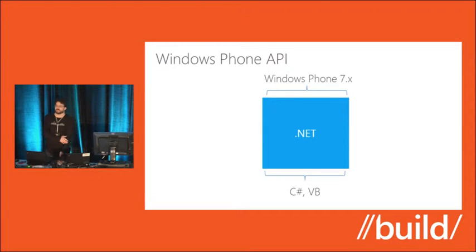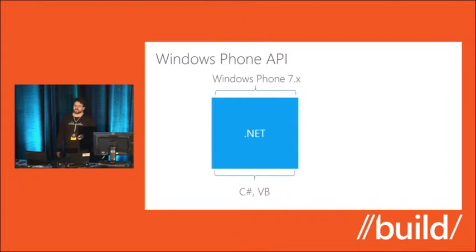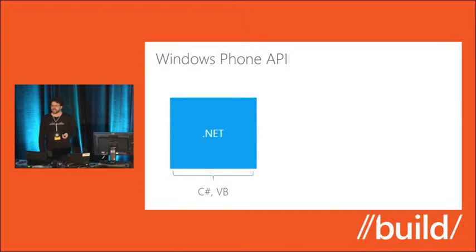Let's have a look at the Windows Phone API. So in the Windows Phone 7 days, we had our Silverlight apps that we built on .NET writing in C# and VB. We still have that in Windows Phone 8. And in fact, we've done a lot in terms of improvements there too, and we've added new APIs such as for Wallet.